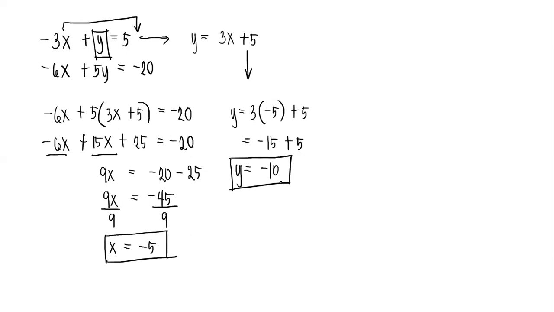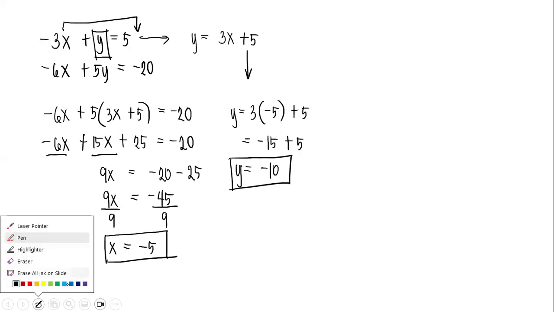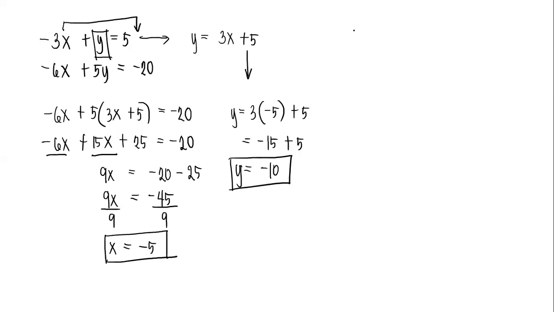Okay, another one. Okay, so for example, we have 4x minus 3y equals 11, and 5x minus 9y equals negative 2.